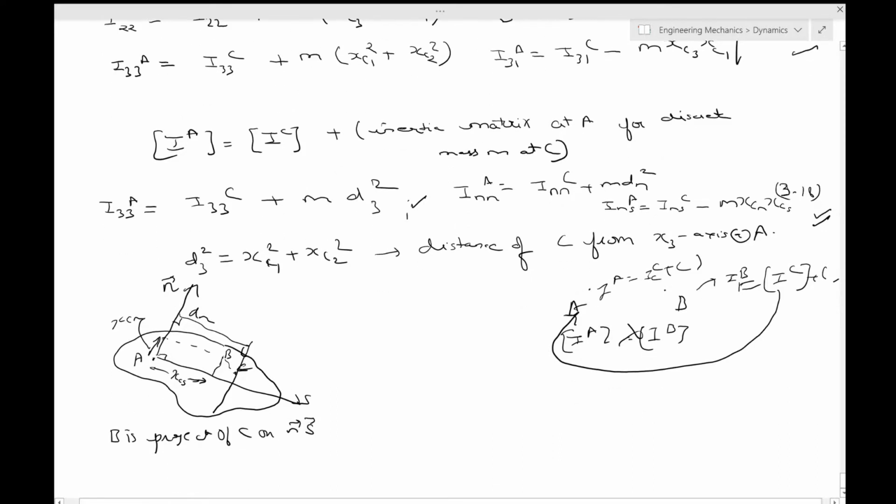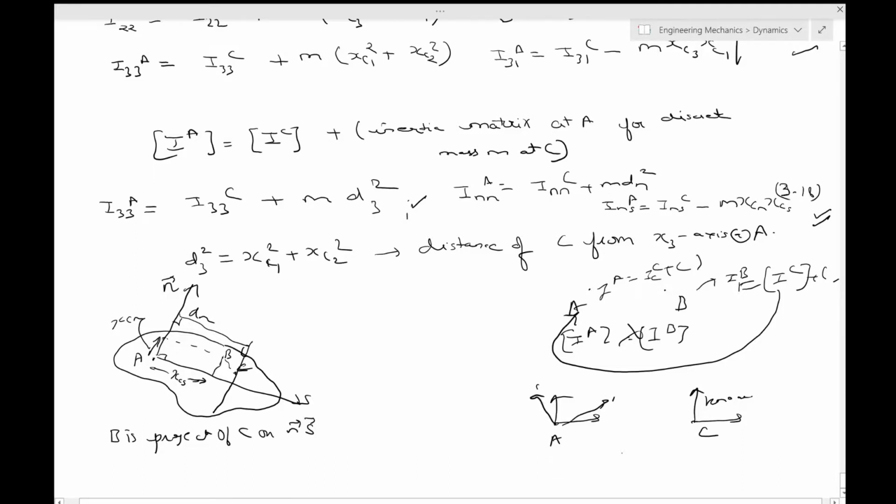Then again, if you have to find, say this is C, this is A, and you have these two parallel axes, so this is known, and now you want to find IA dash in this dashed system.